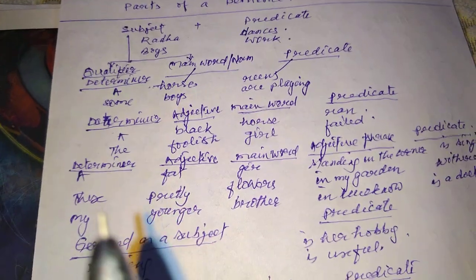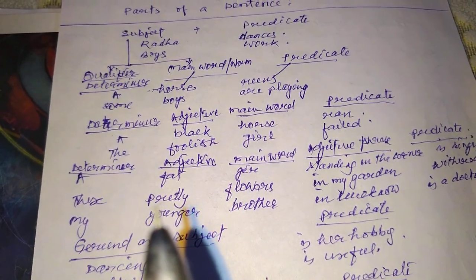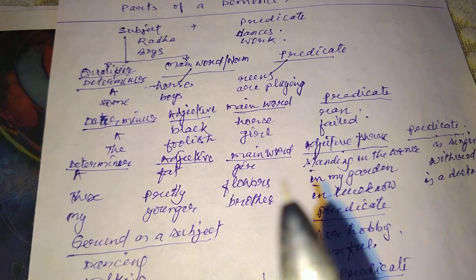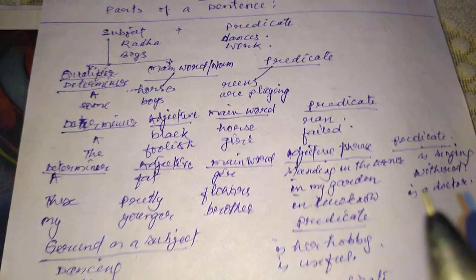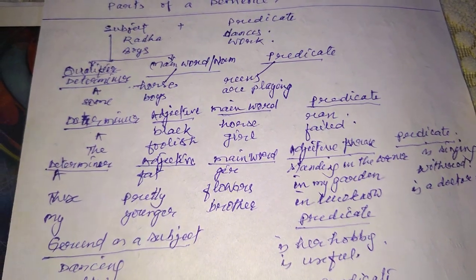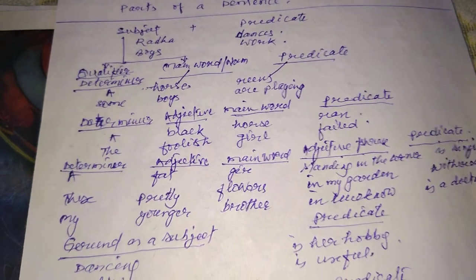Next example: these pretty flowers in my garden withered. Withered means बिखर गए, सूख कर बिखर जाना.